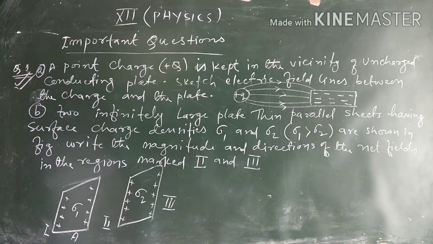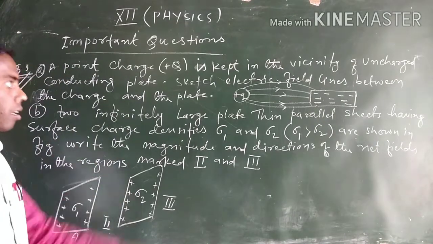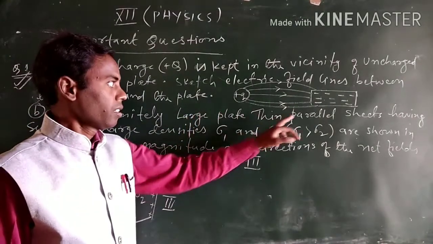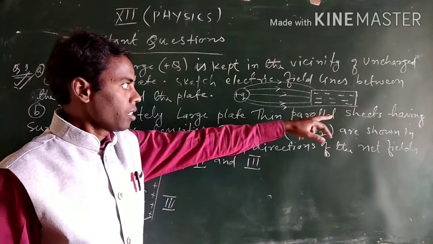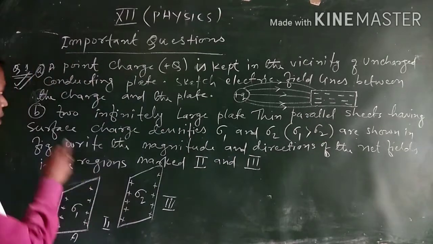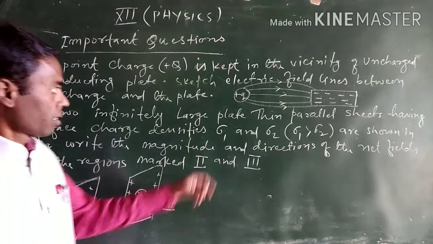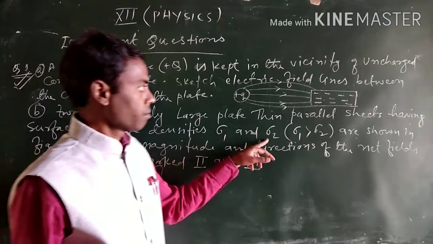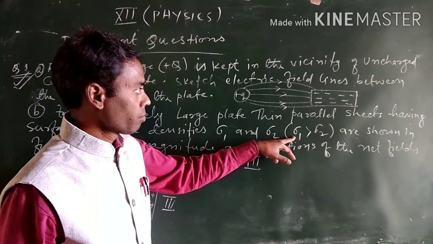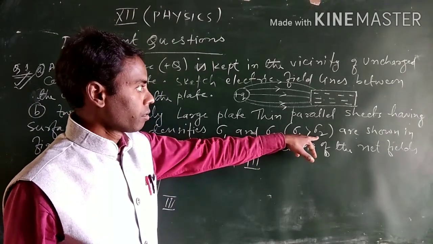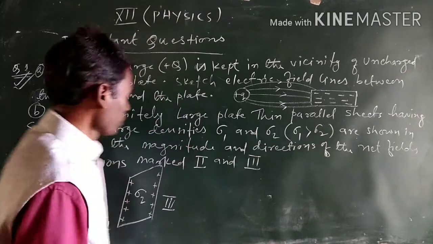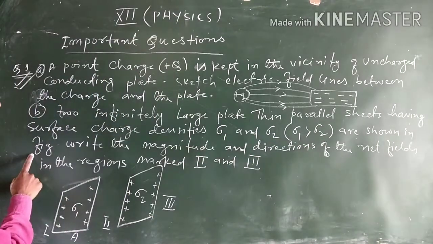Number B is there. Two infinitely large thin parallel sheets having surface charge densities sigma 1 and sigma 2. Their condition is that sigma 1 is greater than sigma 2, right? Are shown in the figure.